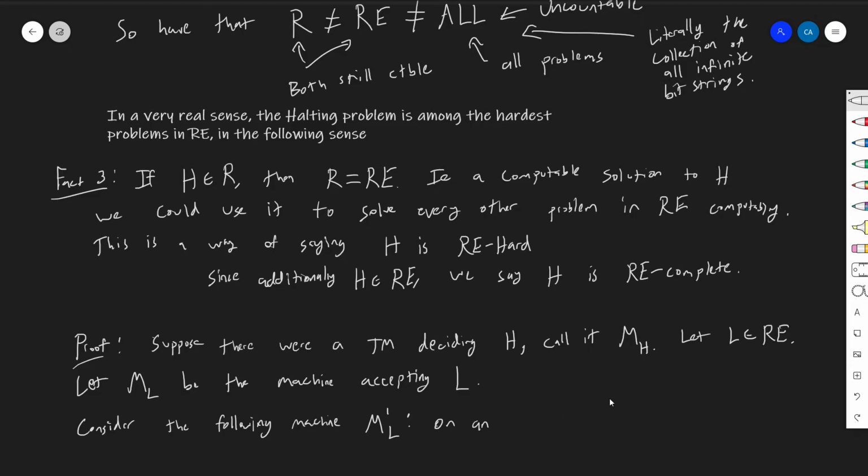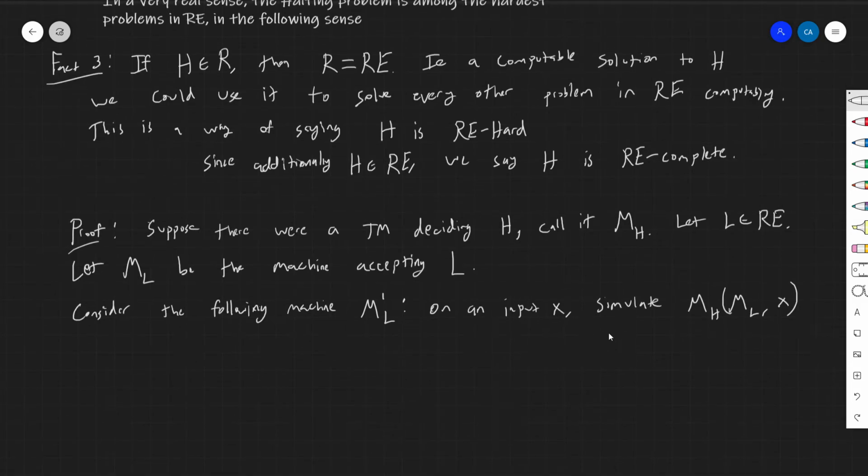On an input X, simulate M sub H of M sub L comma X. So what does this mean? It means I'm going to simulate the halting problem being used on the machine I have for accepting L being run on X. Right now what I have is a machine that accepts L. I have a machine that I can feed an input to, and if it halts, then it's in L. And that's exactly what I'm asking right here.